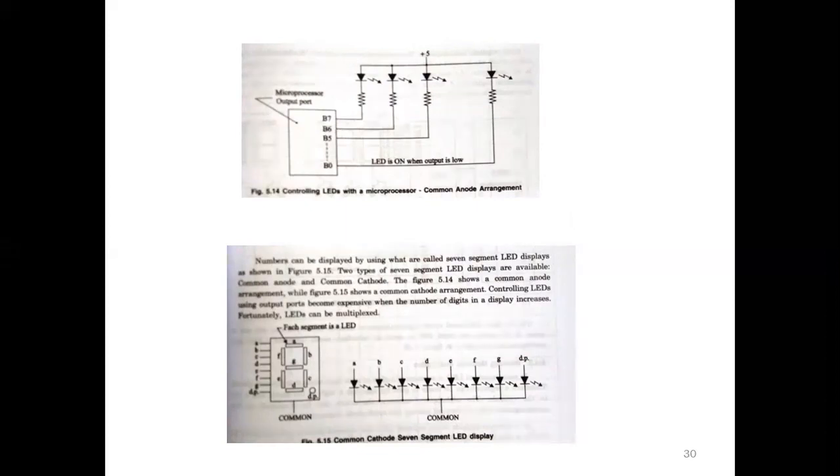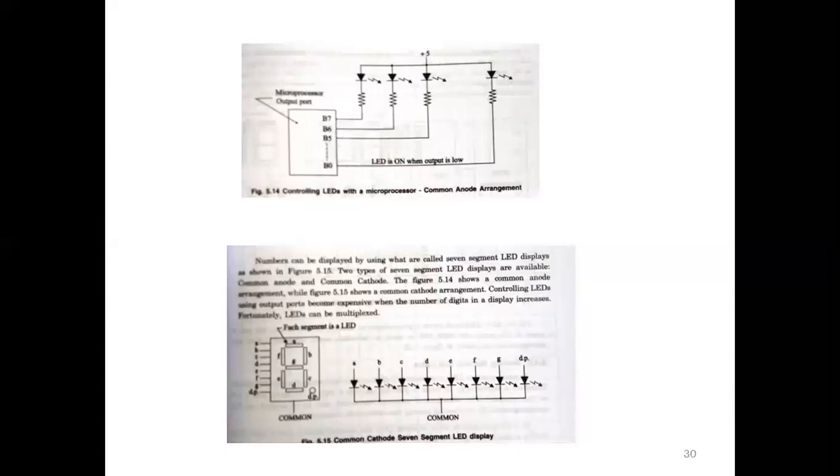Here, if you put 0 on the B7 or B5 port, the LED will glow because the 5 volt is connected to the ground. Otherwise, if you give 1, there is no current flow through the diode, the diode is an open circuit, so it does not glow. That is logic 0. That is the anode concept.